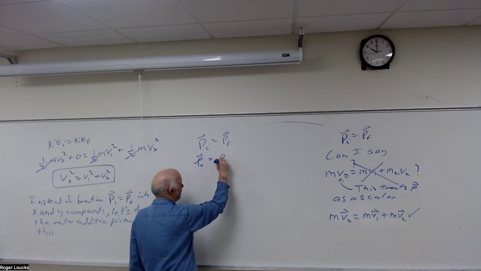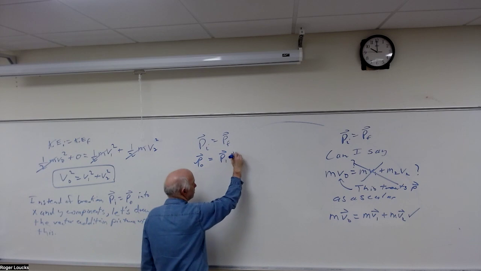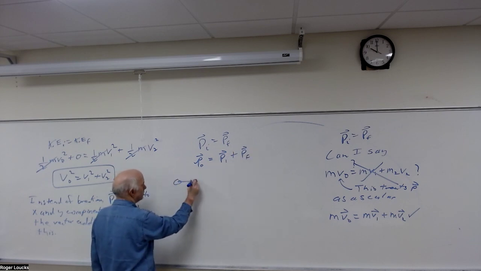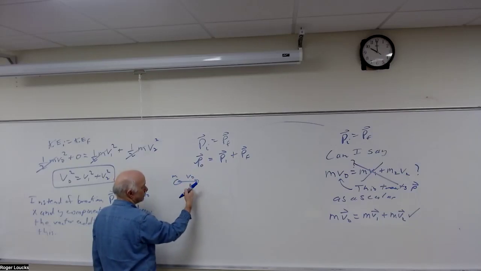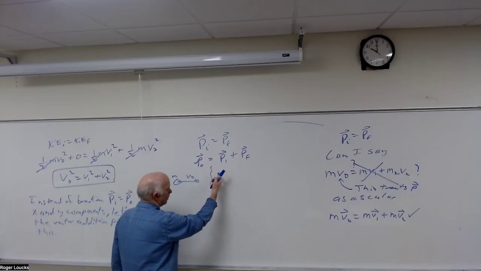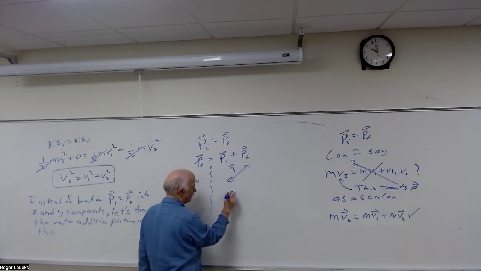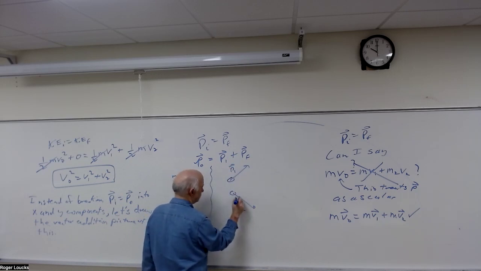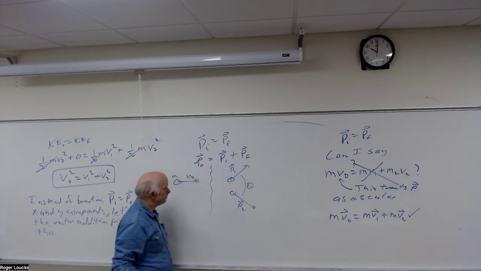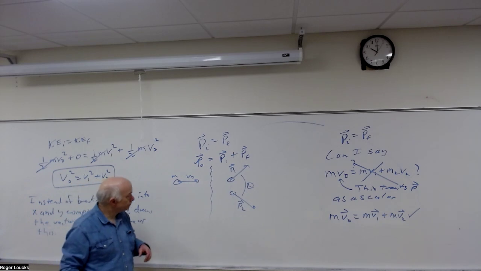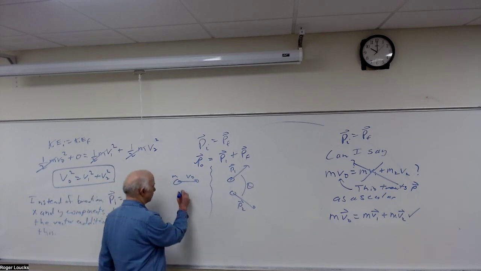This is going to have to equal the momentum of the first particle plus the momentum of the second particle. So this picture right here, this is this guy. That's this. And what is this? This guy here, P1. This guy here, P2. This angle here is theta. So let's draw this. So this is what I'm calling P0.